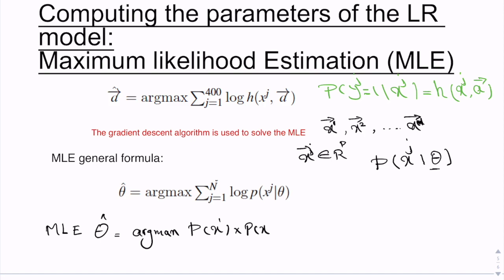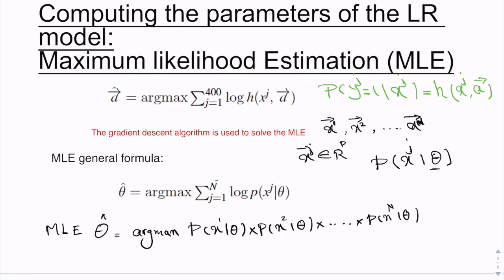So let's keep the notation consistent: p(x1 given theta) times p(x2 given theta) times p(xn given theta).